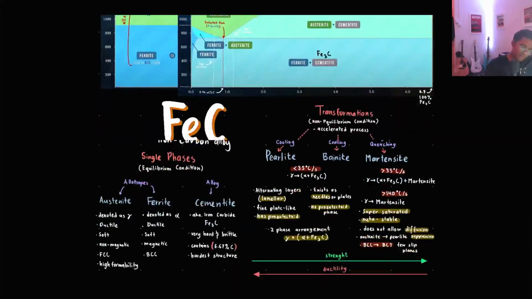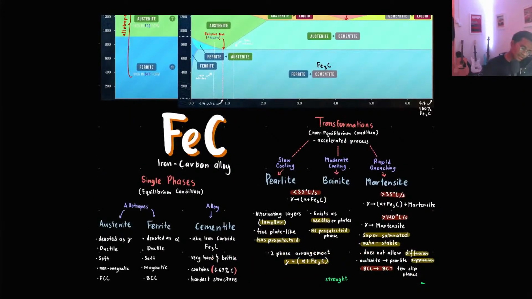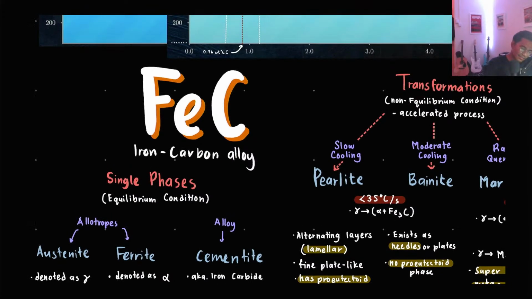Okay, so now we enter the most important material in engineering. It is the iron carbon alloy. Okay, you guys put here the most important material in engineering.